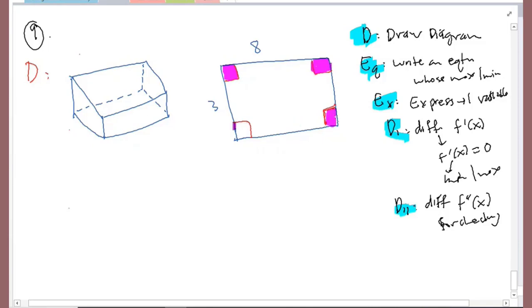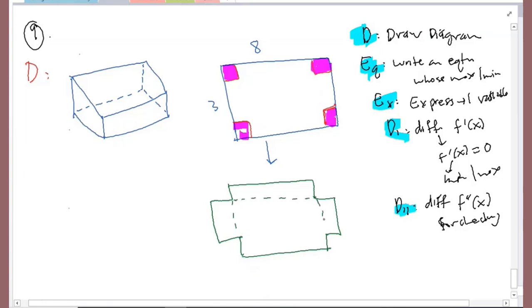So after cutting, the box changes to this form, something like this. Imagine it. Then we fold the paper here, and the paper changes to this box. Now what size should be cut at each corner?